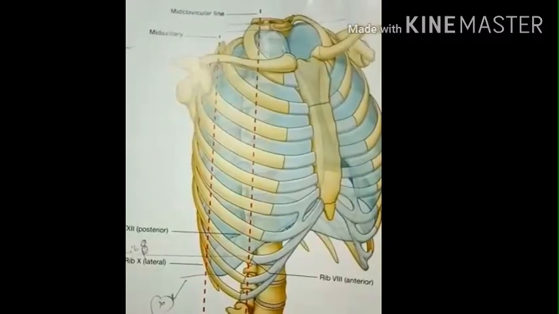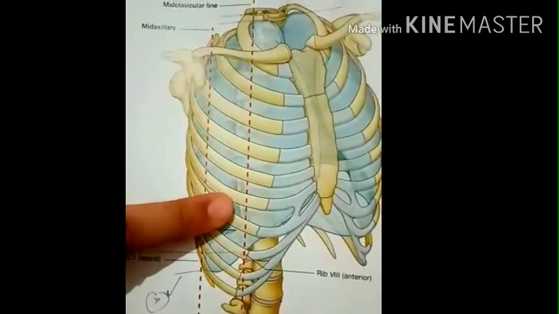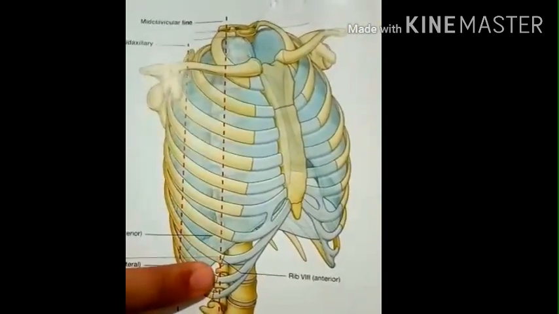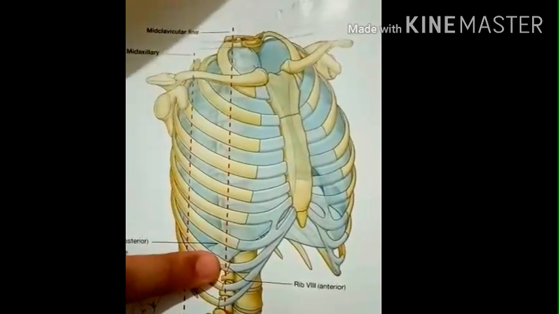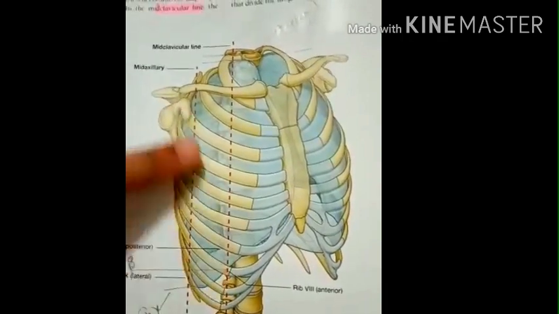Clearly we can see that the pleura extend to the 8th rib at the location of the mid-clavicular line.